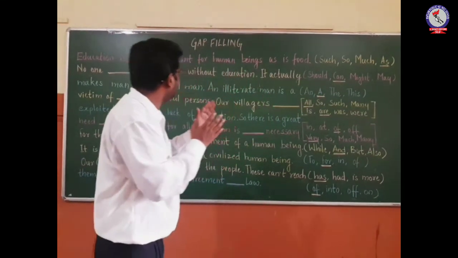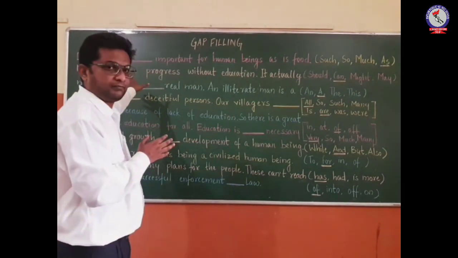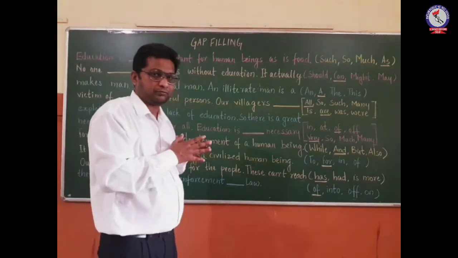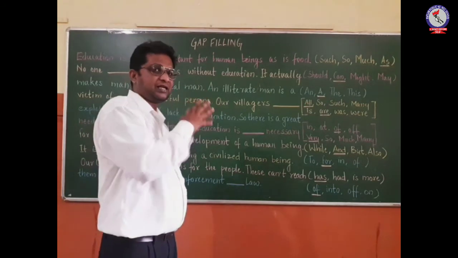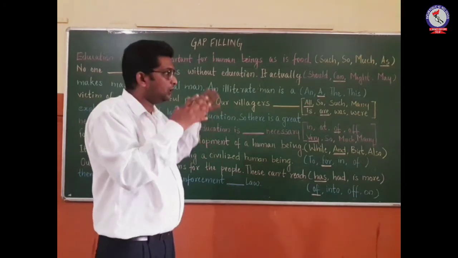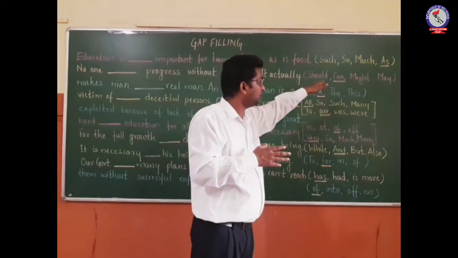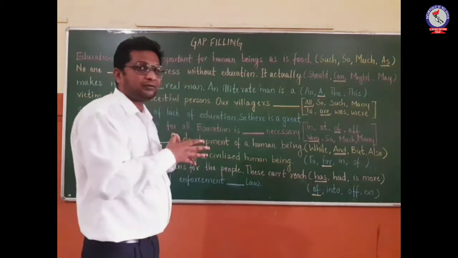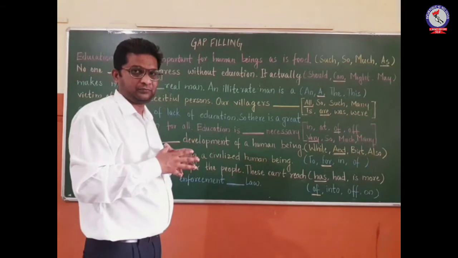So if we read out the sentence, no one progress without education. Now see here, when we read the sentence, we can use can, because can shows us the possibility.